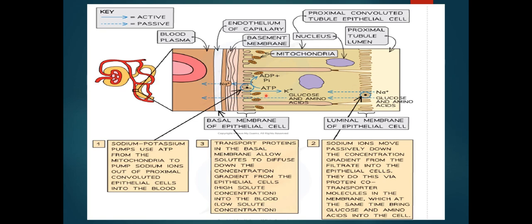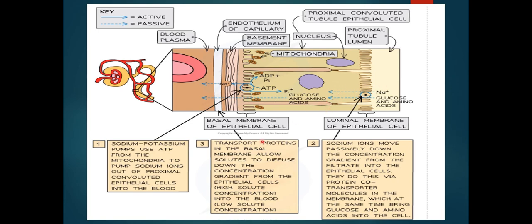When this is done, the concentration of the sodium ions decreases inside these cells. Due to this decrease in concentration, more sodium ions enter the cells. But this does not happen alone. This happens through a co-transporter protein, and due to this co-transporter protein, glucose and amino acids are also carried along with the sodium ion.